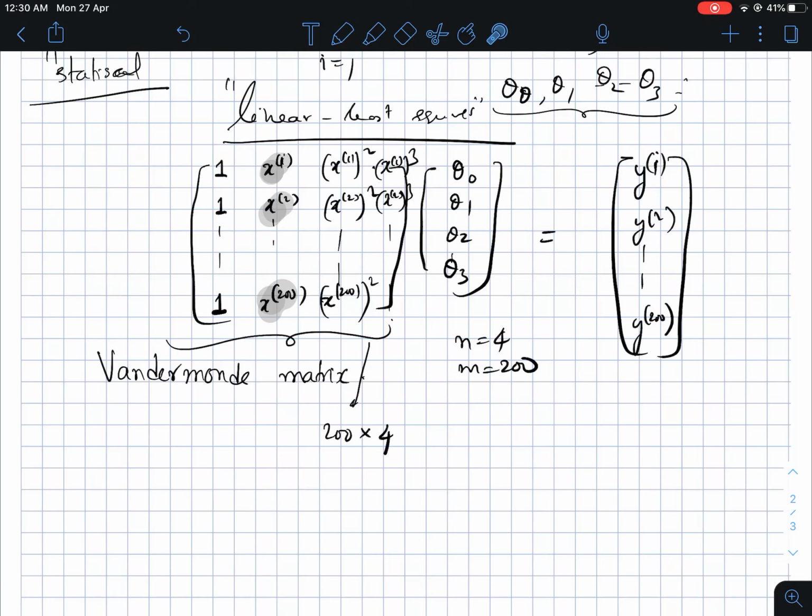What that means is essentially that the last column is some combination of the first 3 columns, meaning that this entry, which is the cube of x, is equal to some combination of 1, x and x square. That basically means that all these entries are roots of some quadratic.